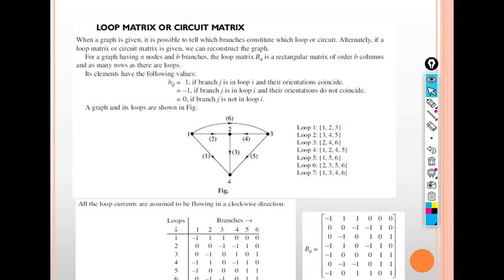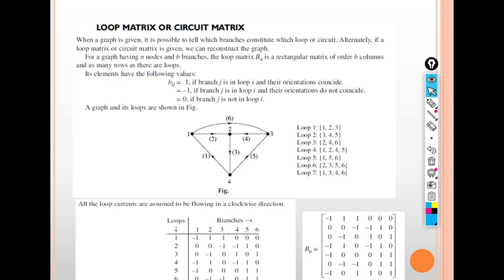Now, what is the loop matrix or circuit matrix? Suppose we take any tree. Where the links are absent, there is no closed path. Now, if I add one of the links, it will make a closed path.